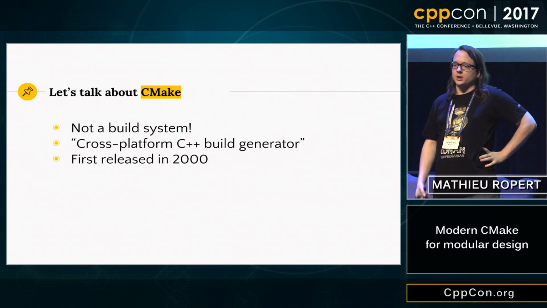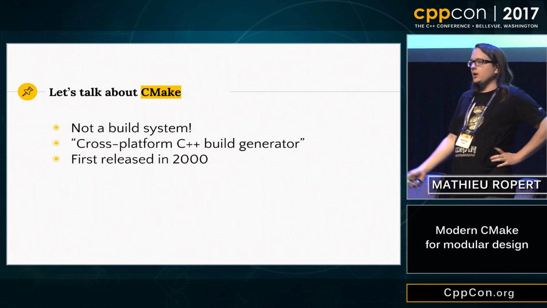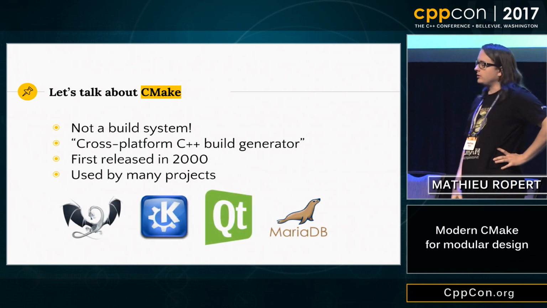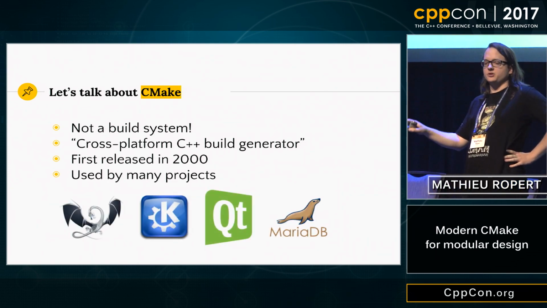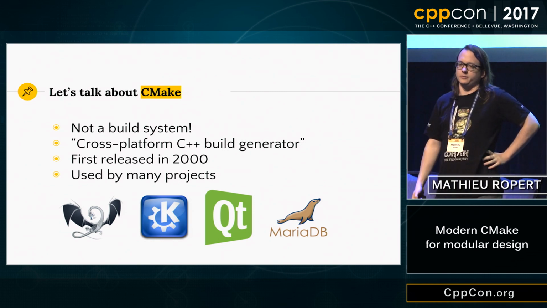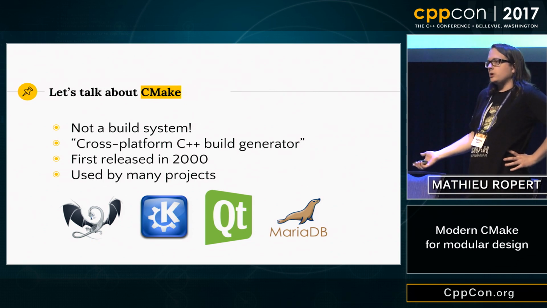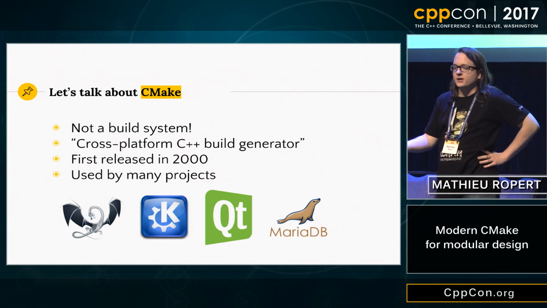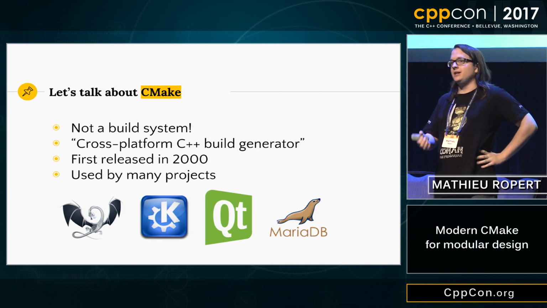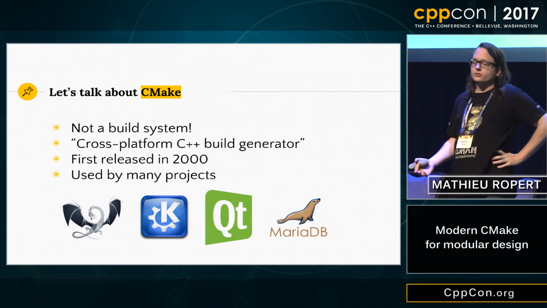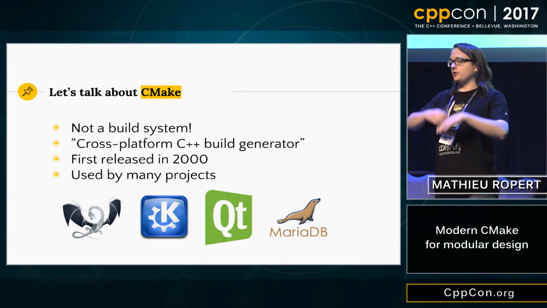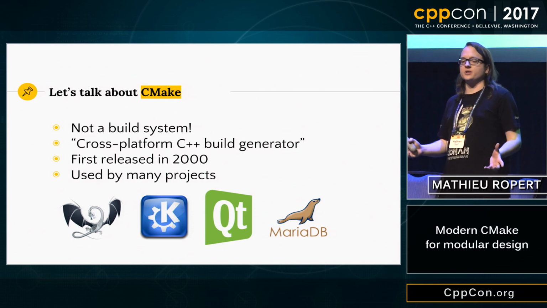It's almost 20 years old now, and it's used in lots of open source projects. You might recognize a few, and that's not limited to open source. Private companies also use CMake internally. So, what's the big deal with CMake? Well, basically, it's maybe not the best, but it's the least painful solution we have to handle portability in C++. Because the language can be portable, your libraries can be portable.